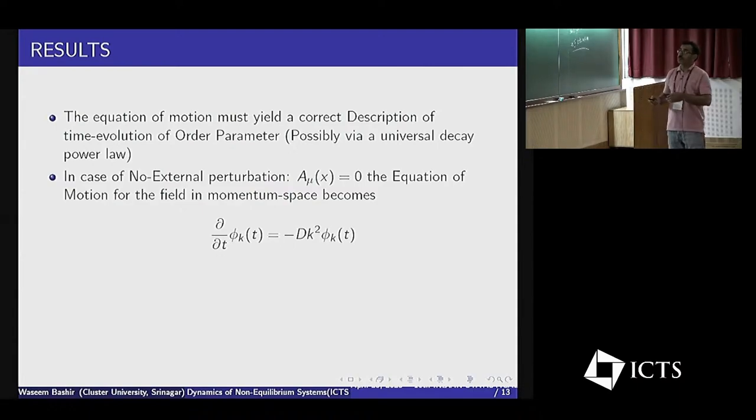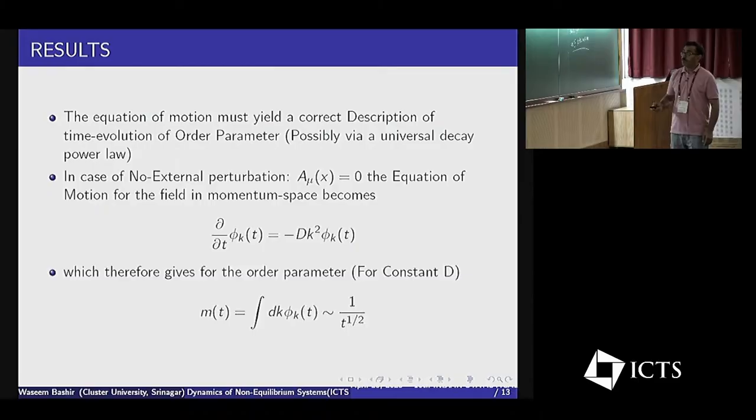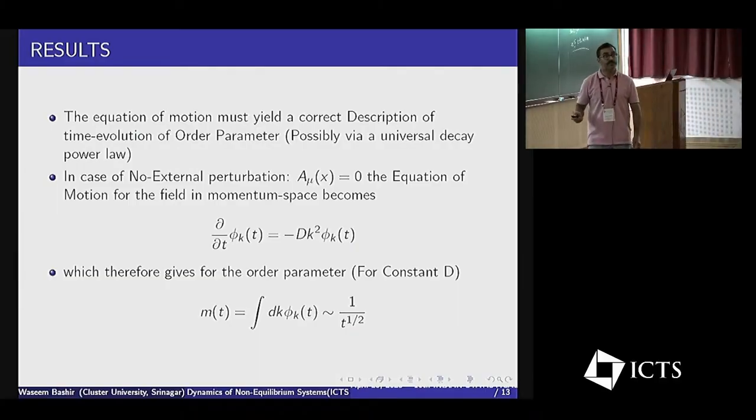What we found was a simple differential equation, and for the constant value of this dissipation coefficient, the behavior of this m, the order parameter, is governed by a power law, 1 by t to the power half, which is a very well known result. We got this essentially by claiming that the local gauge in that region has broken, and you are restoring the local gauge to global within that boundary.